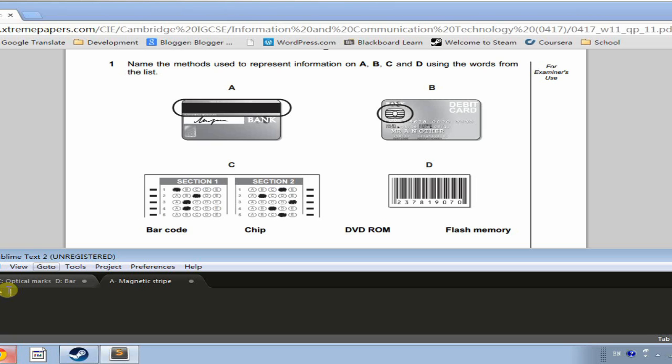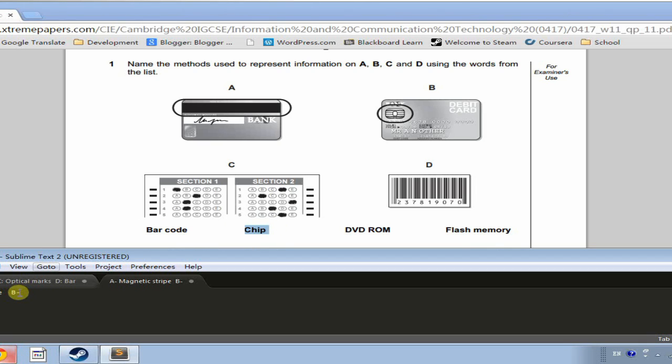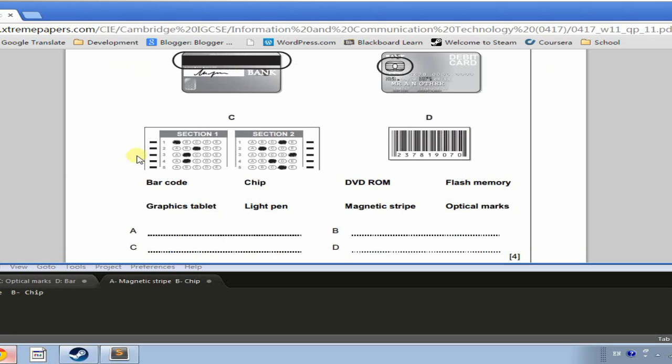The next one, you can see we're looking at this front part of the bank card. So this gold section here. So this is a gold chip. And again, we can find the chip down here as well. Like I said, there's not too much going on here. We just basically have to memorize this section.